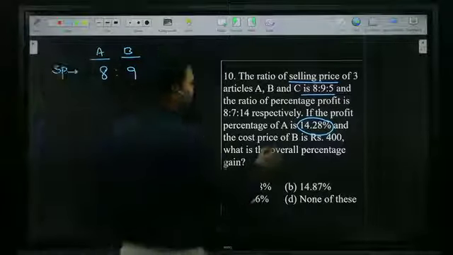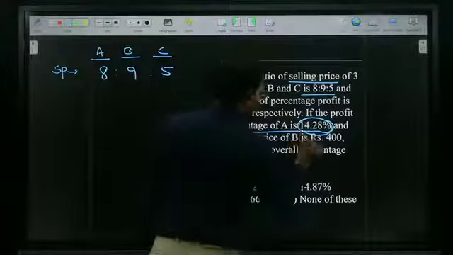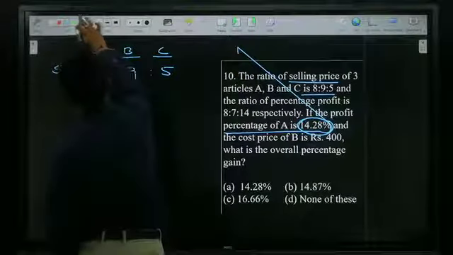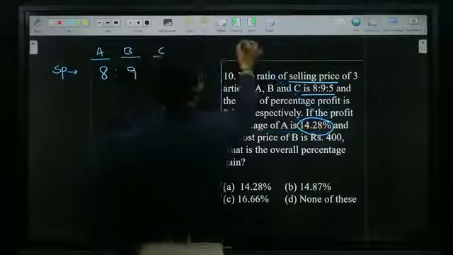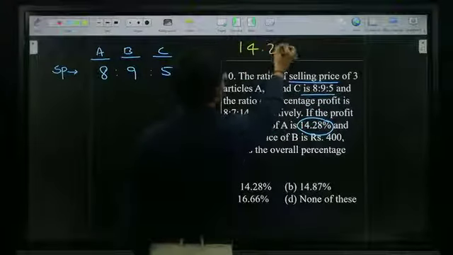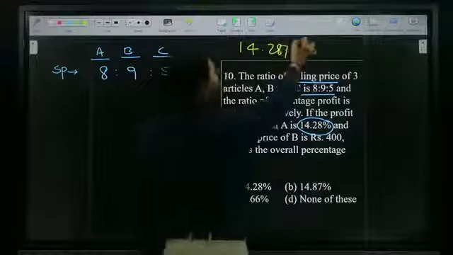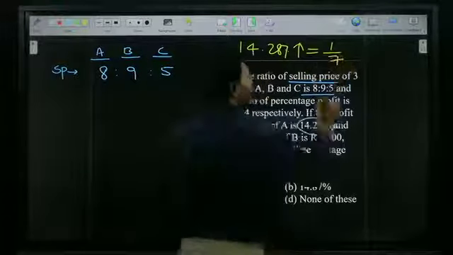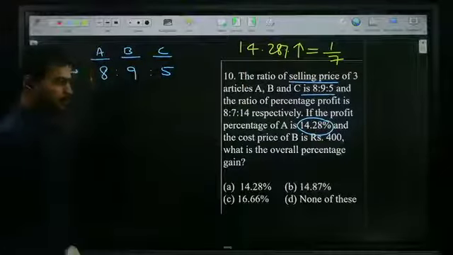On article A, profit is 14.28 percent. I already told you 14.28 percent profit is nothing but 1 by 7.